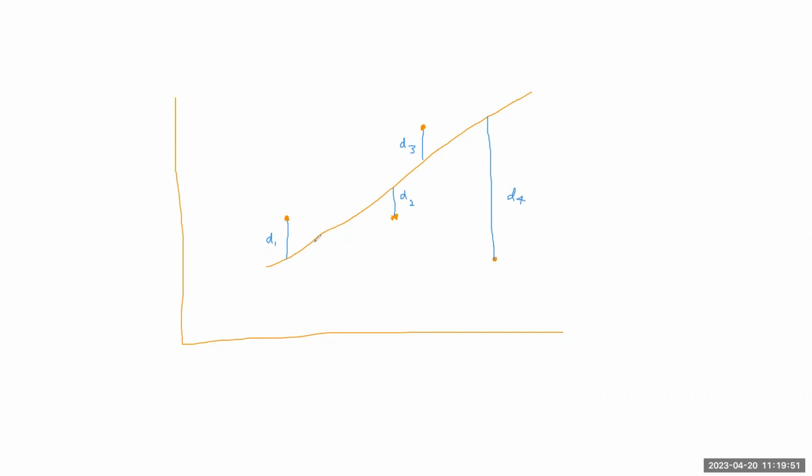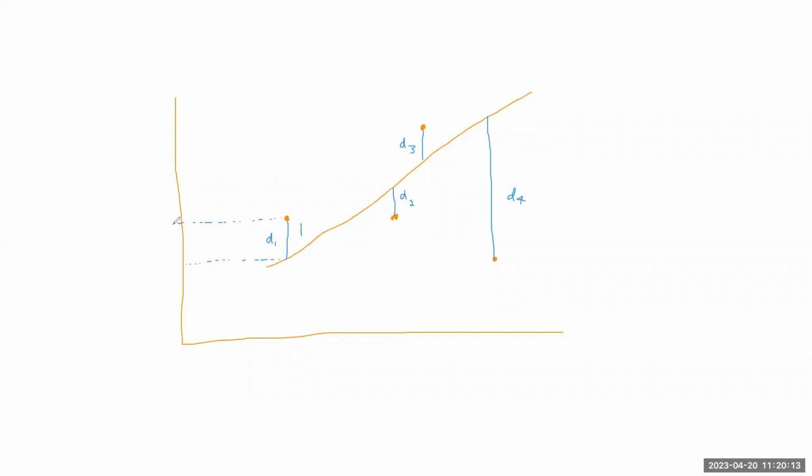So what we can do is take these distances. Let's pretend that this is distance 1, so 1 unit. We measure this and subtract whatever this y value is, and that gives us the distance.